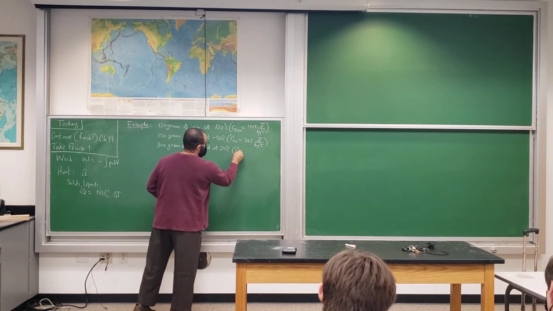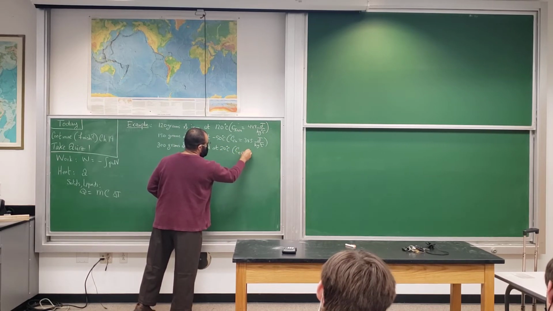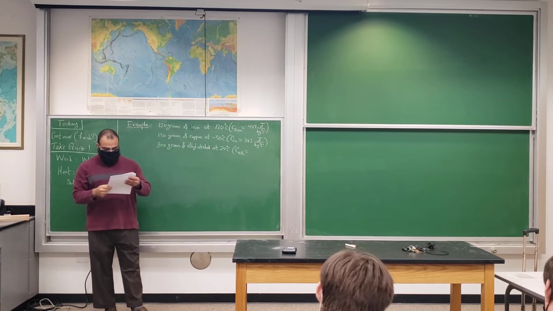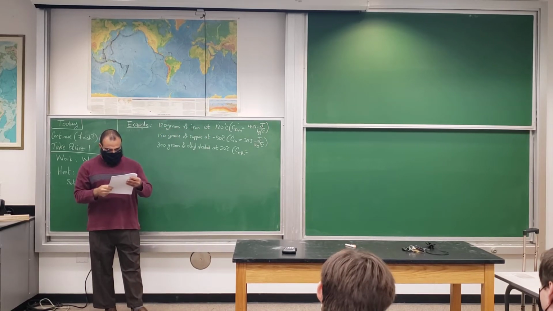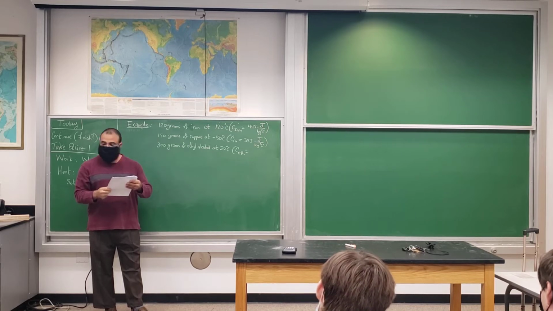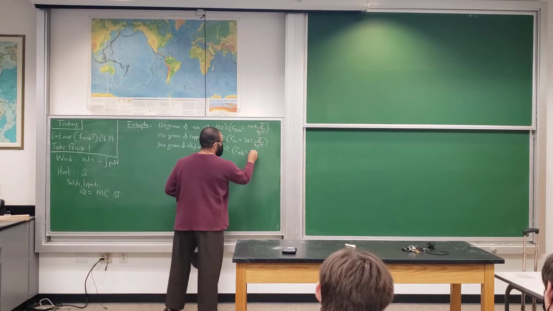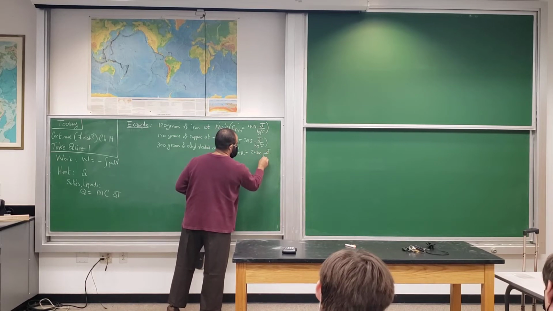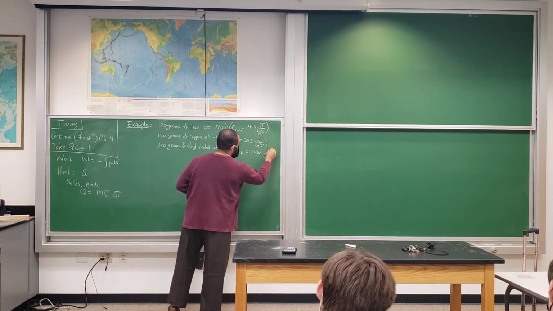And the specific heat for ethanol, I'll put ETH, is 2400 joules per kilogram degrees Celsius. Okay?